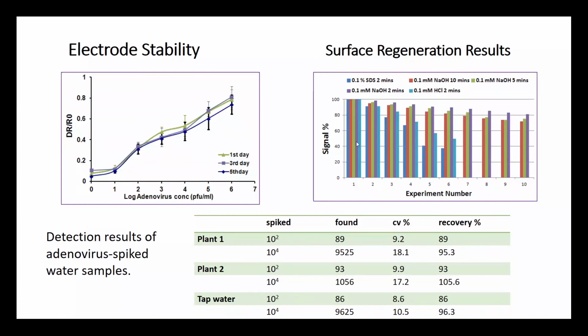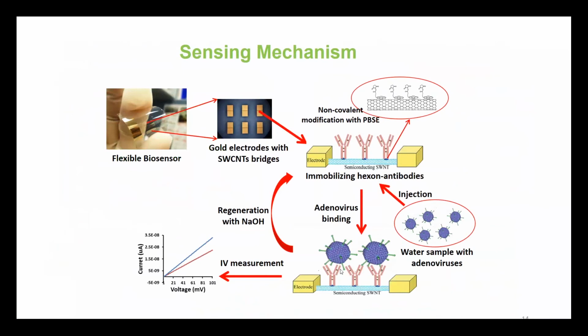And this is our regeneration result. So we tried different regeneration solutions. Actually, these solutions have higher and lower pH. This binding only happens at a distinct pH, actually 7 to 7.5. If we change the pH in the environment, they get cleaved from each other.